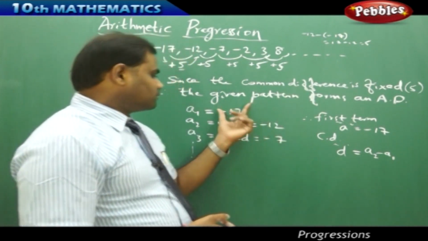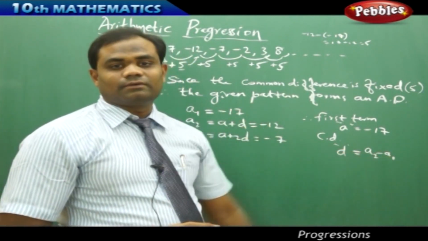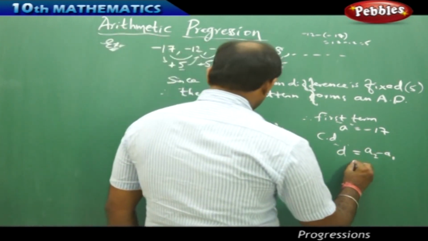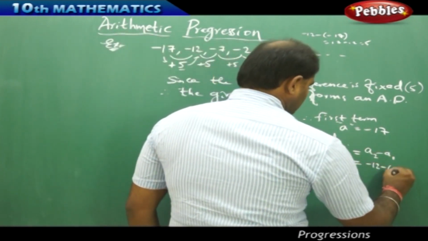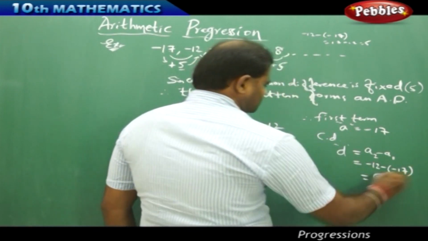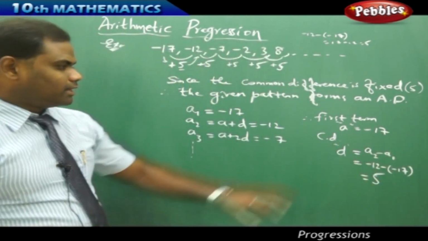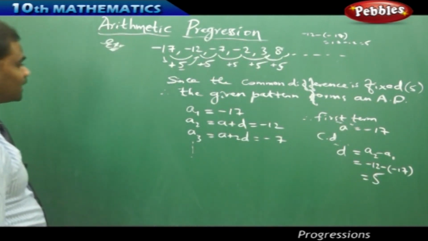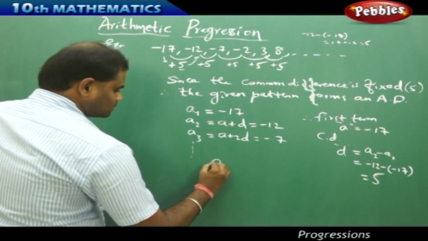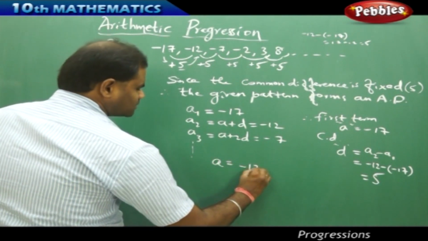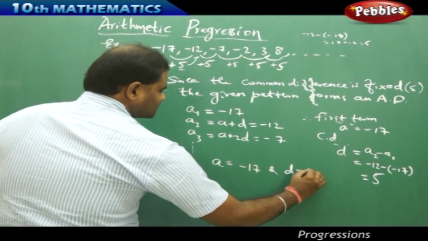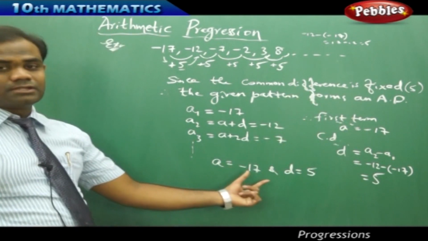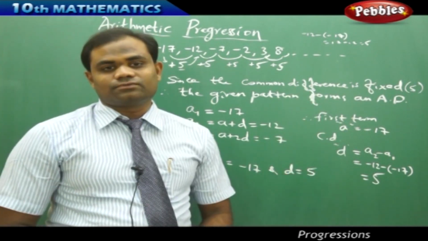Because I know the first two terms, I take a2 minus a1 and I get minus 12 minus of minus 17, which is 5. Therefore a is negative 17 and d is 5. The first term is minus 17 and the common difference is 5.